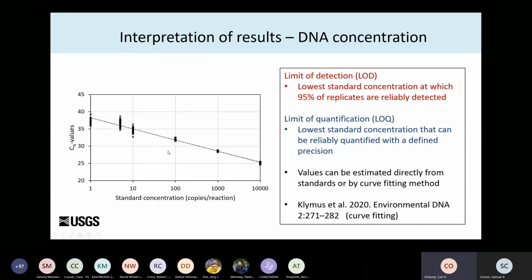This plot is a standard curve from an eDNA assay, and it's showing the standard concentrations and their Cq values. For this example, we have 40 replicates at each concentration.